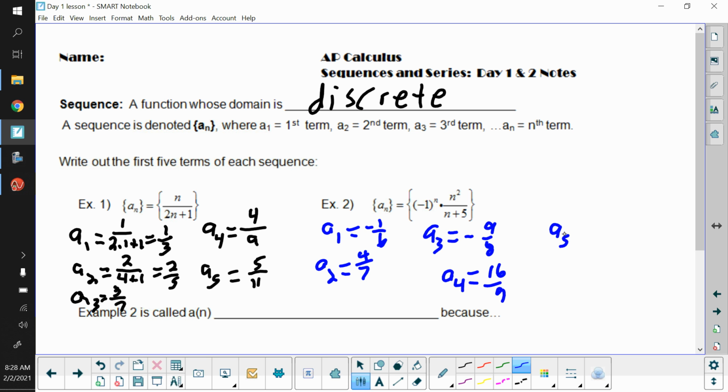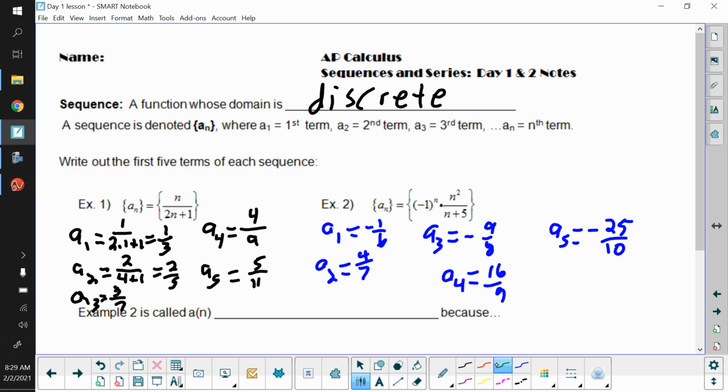And for the 5th term, a5, we'll have a negative because of odd power, and 25/10. And you could reduce that if you wanted. Sometimes with sequences, you don't necessarily see them reduced always, just because it helps you figure out the patterns better. But there will be occasions now and then where they will be reduced, but sometimes you don't see them reduced, just easier to pick out the patterns.